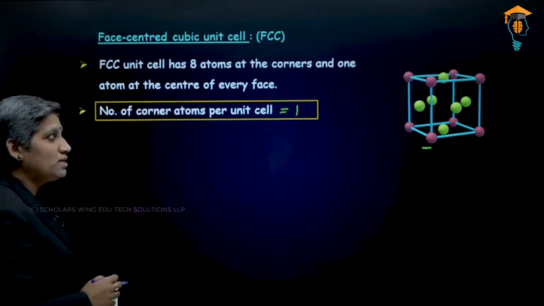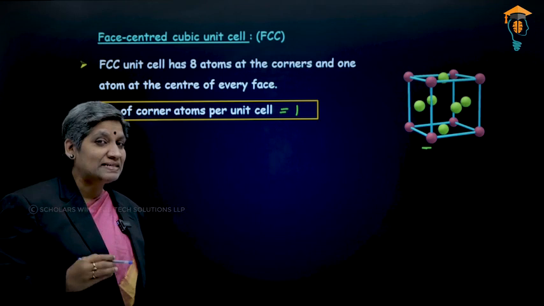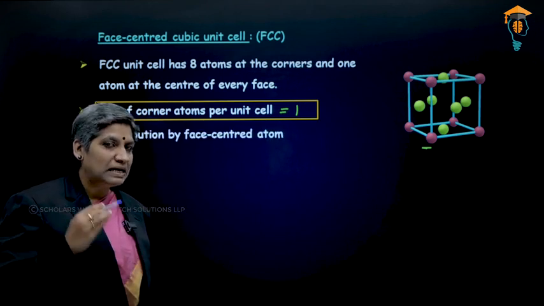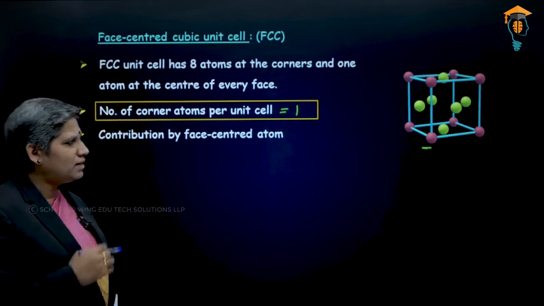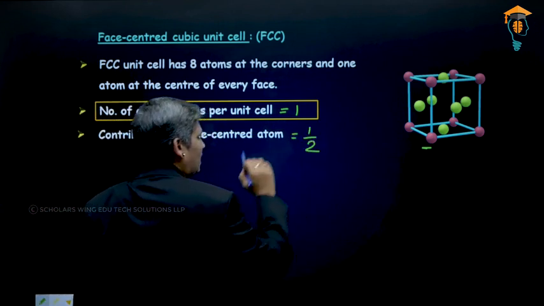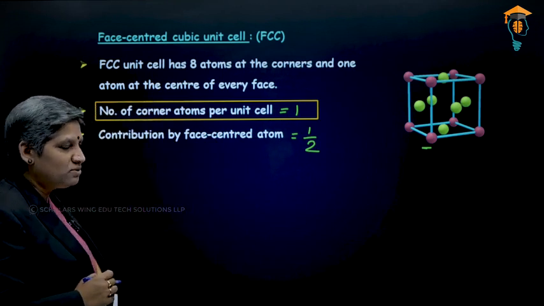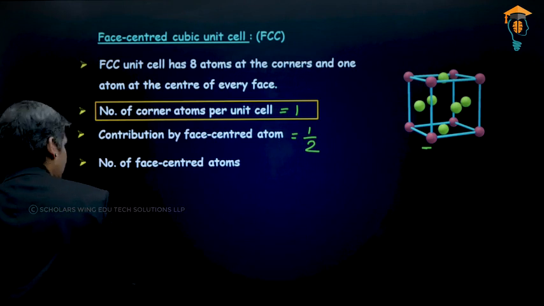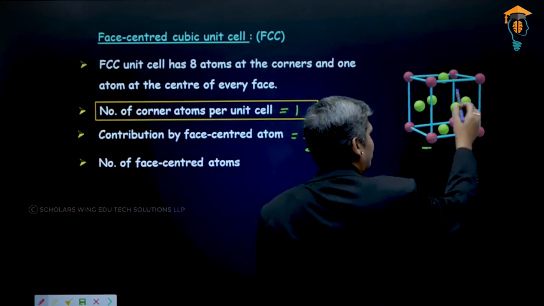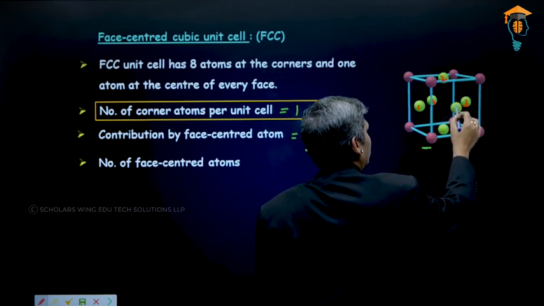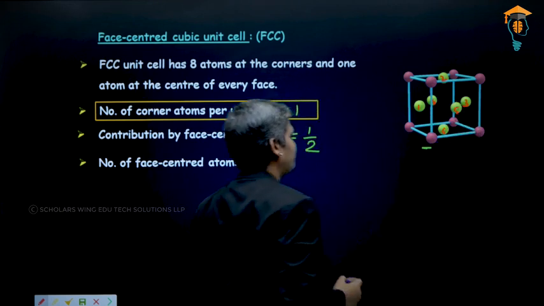What about the number of face-centered atoms? For that, we need to consider the contribution made by each face-centered atom. That also we know, just now we saw it is half. How many such face-centered atoms are present? 6, isn't it? Yes. Look here. We have shown in green. 1, 2, 3, 4, 5, 6.